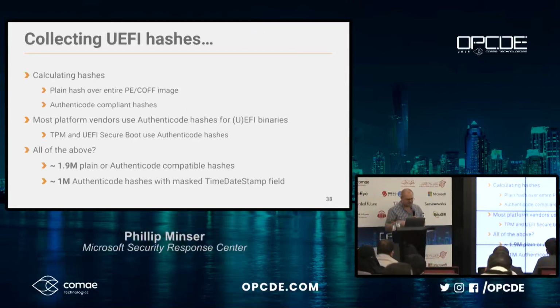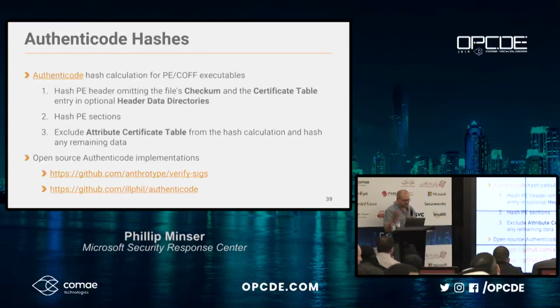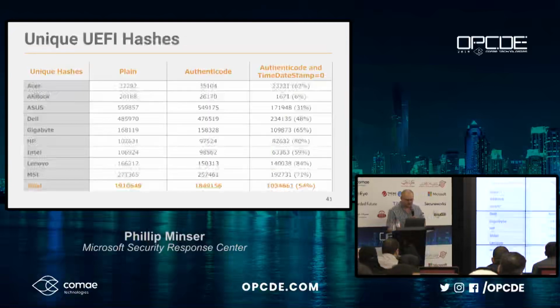So we built a whitelist and collected hashes. These are not simple hashes, these are Authenticode hashes where we mask the timestamp, because we don't need it, to increase the coverage of our hashes. We used an open source tool to collect these hashes. That's the result, what exactly we masked in the binary.